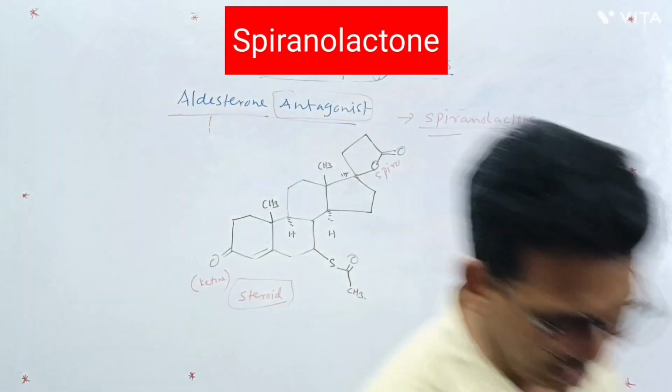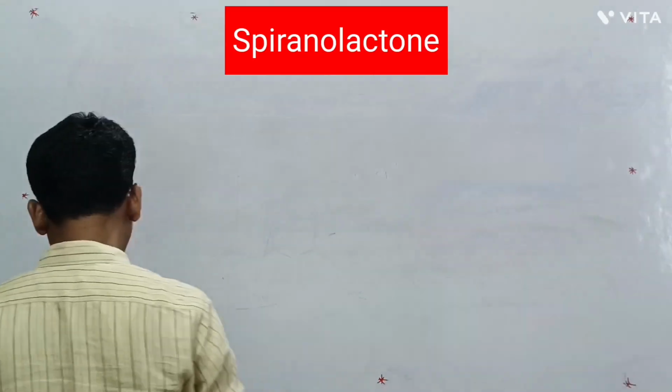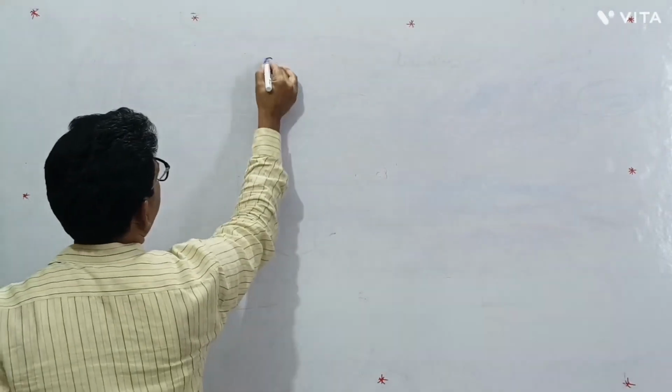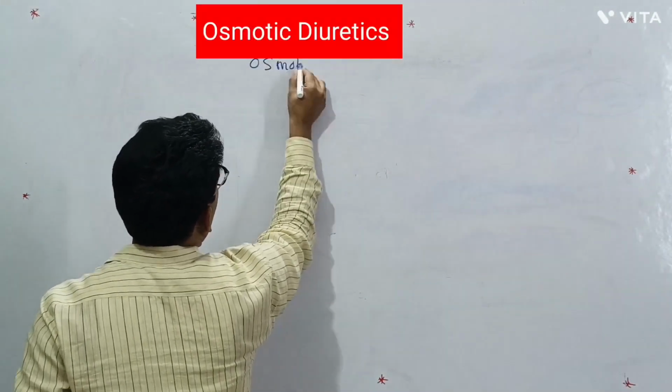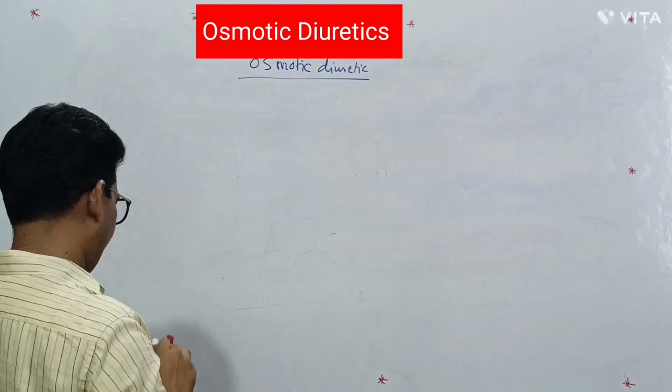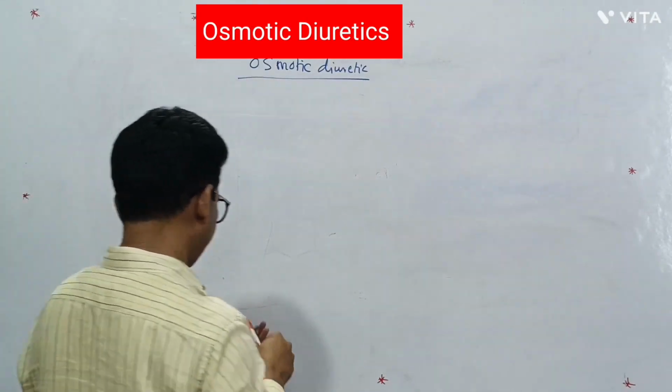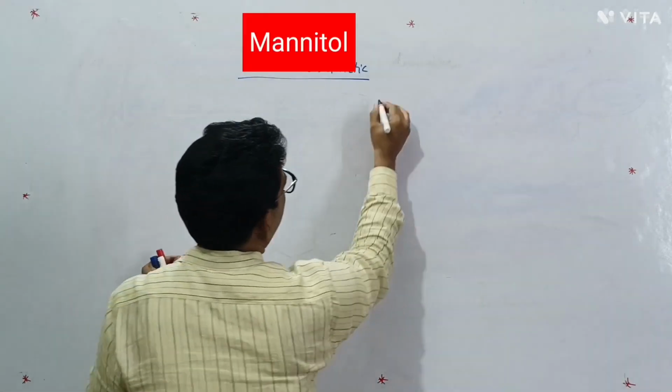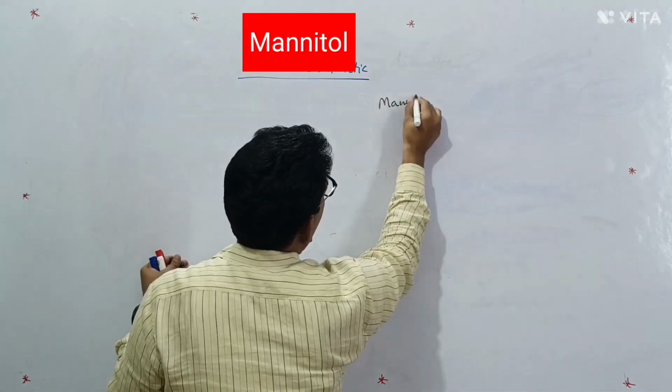Okay. The last one is the osmotic diuretic, the last class in the classification. Osmotic. What example did I give? The example I gave is mannitol.